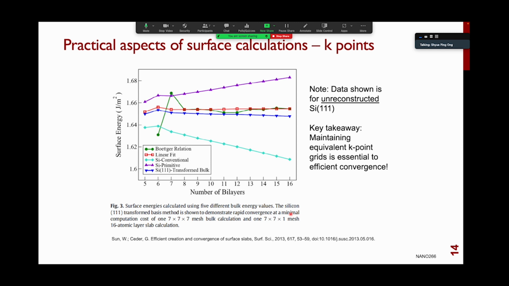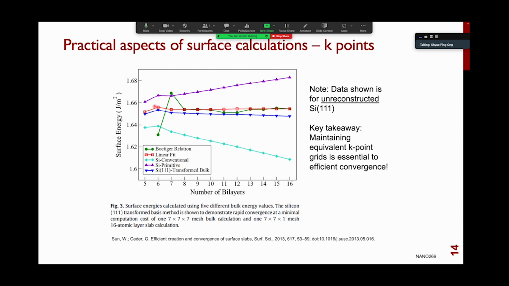Now, one practical aspect of surface calculations is the K-point grid that you will need to use. Just a note, here they did the calculations for the unreconstructed silicon 111.